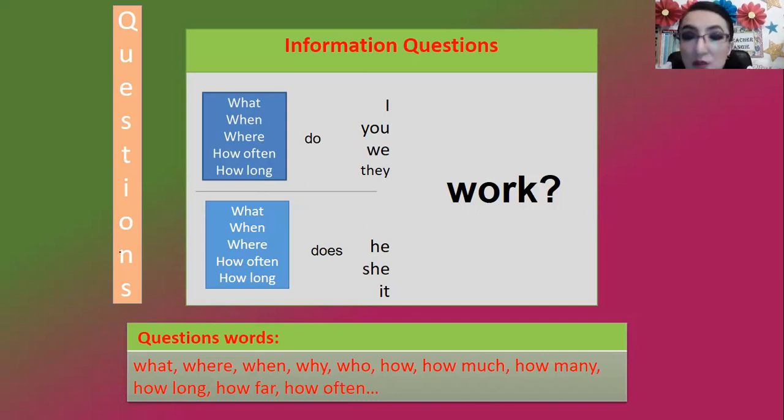How often does my sister go to the dentist? Not "yes, she goes." We answer, well, she goes to the dentist every two weeks. That could be a correct answer because you need to specify, giving more information.